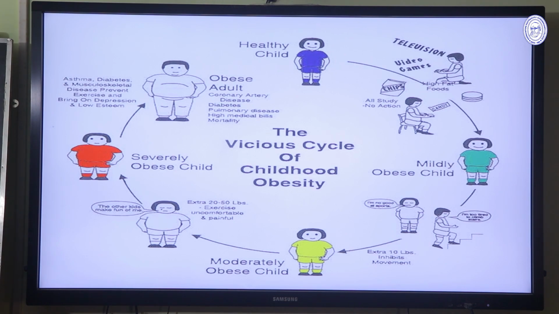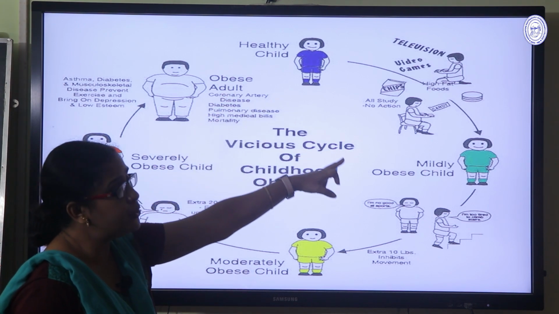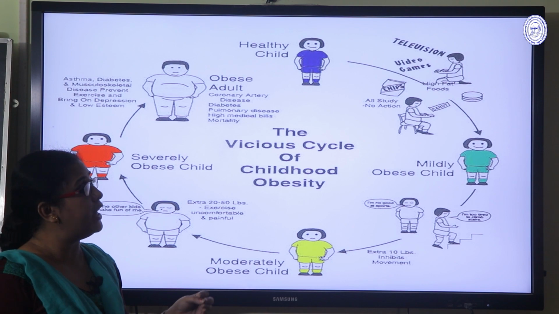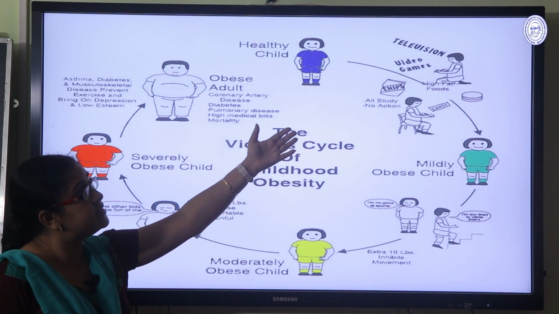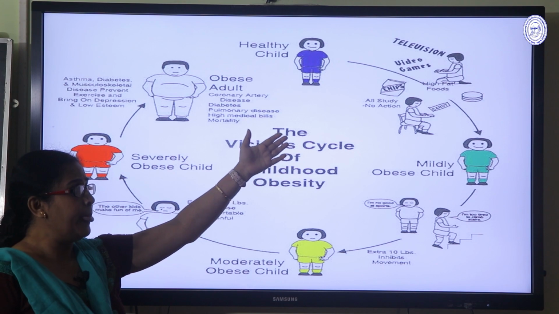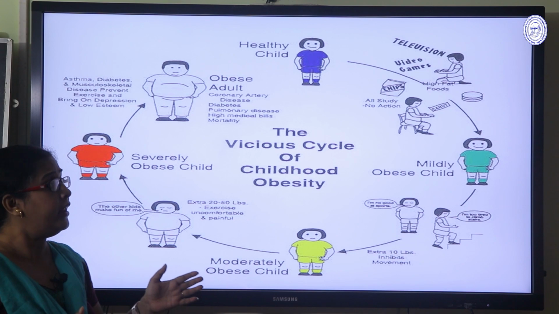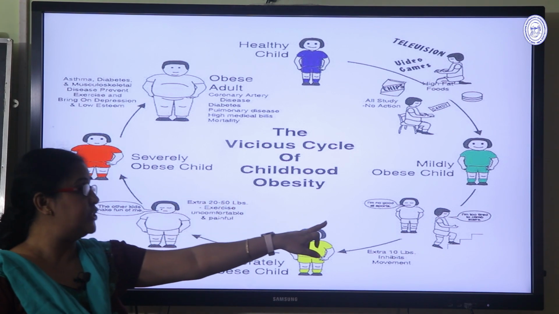This picture indicates the vicious cycle of childhood obesity, how a healthy child is converted into an obese adult. Here a healthy child is used to television, computer games, video games and this type of indoor games, and has a very faulty food habit like consumption of candy, cakes, chocolates, chips, etc. Ultimately, he refuses to do physical activity and outdoor games because he is very sedentary in nature, and becomes a mildly obese child.